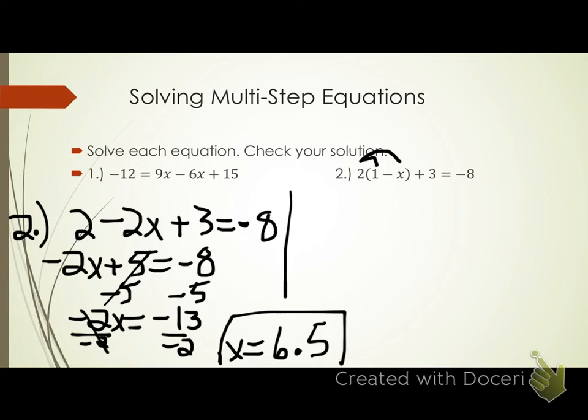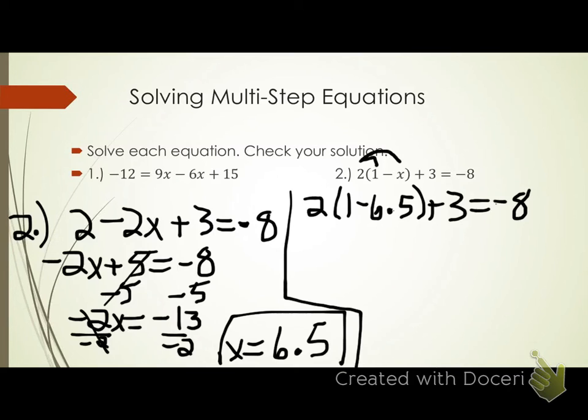Now we've got to check it. Plugging in 6.5 for x. Using our order of operations, what do I need to do first? Parentheses.